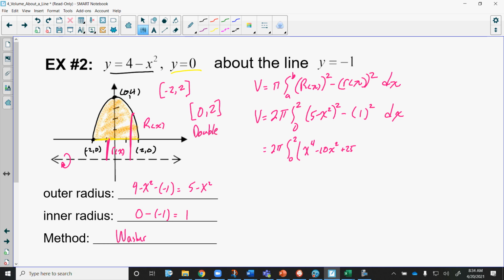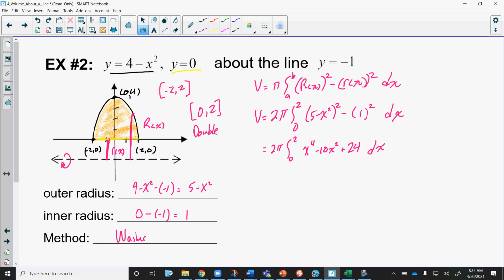I always still write it squared for some reason. And minus 1, 25 minus 1 is 24. So let's go ahead and change that to be a 24 when we simplify it.